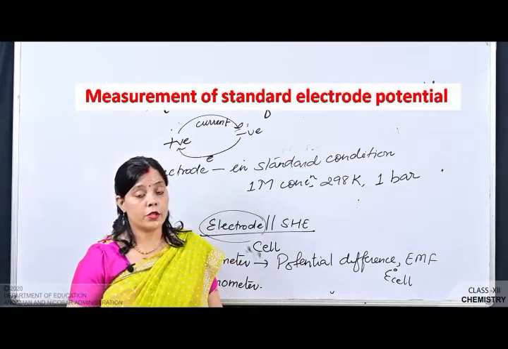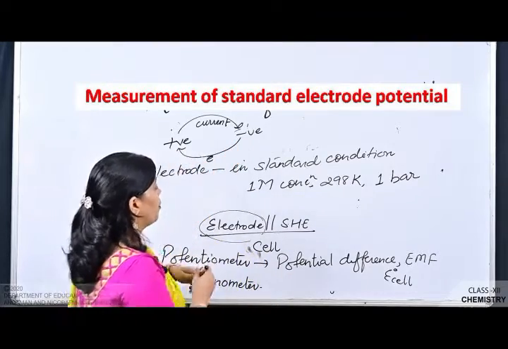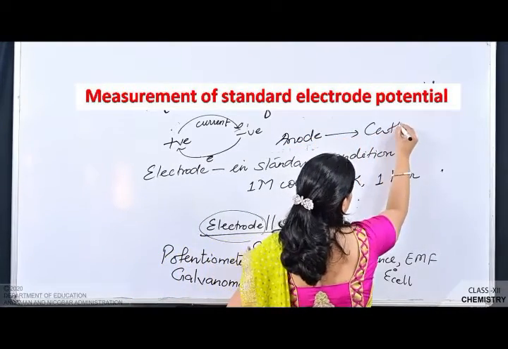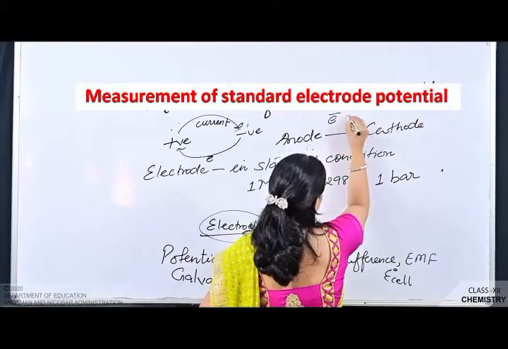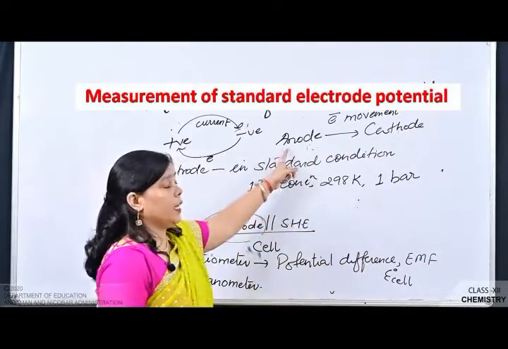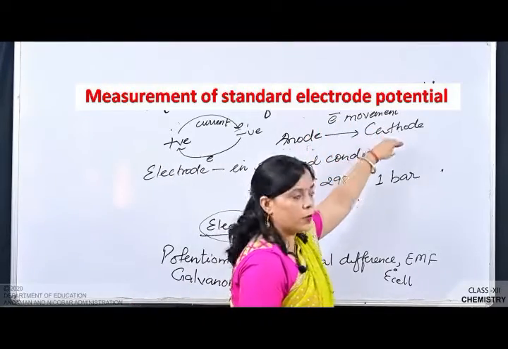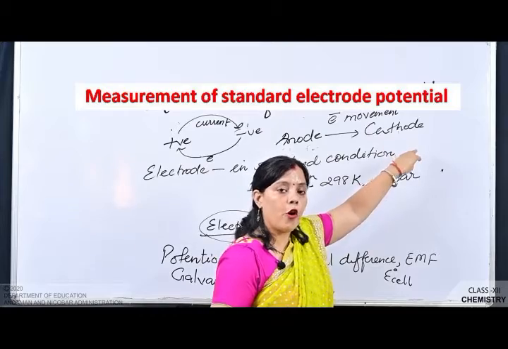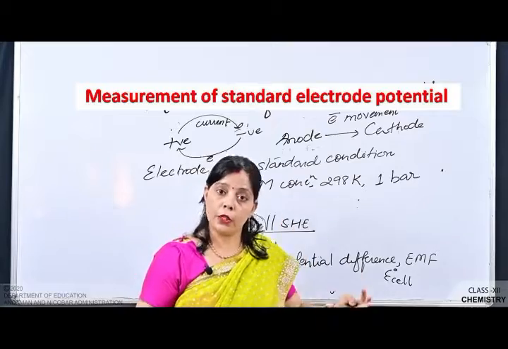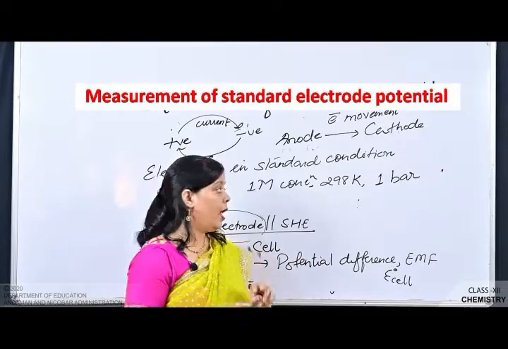Since the electron is flowing in the external circuit from anode to cathode, that is from negative to positive, this is the electron movement, because in the cell the oxidation takes place at the anode, so at the anode the electron is liberated and that electron moves towards the cathode. Since the electron is moving in the external circuit from anode to cathode, in this way we are able to mark the anode and cathode of the cell.